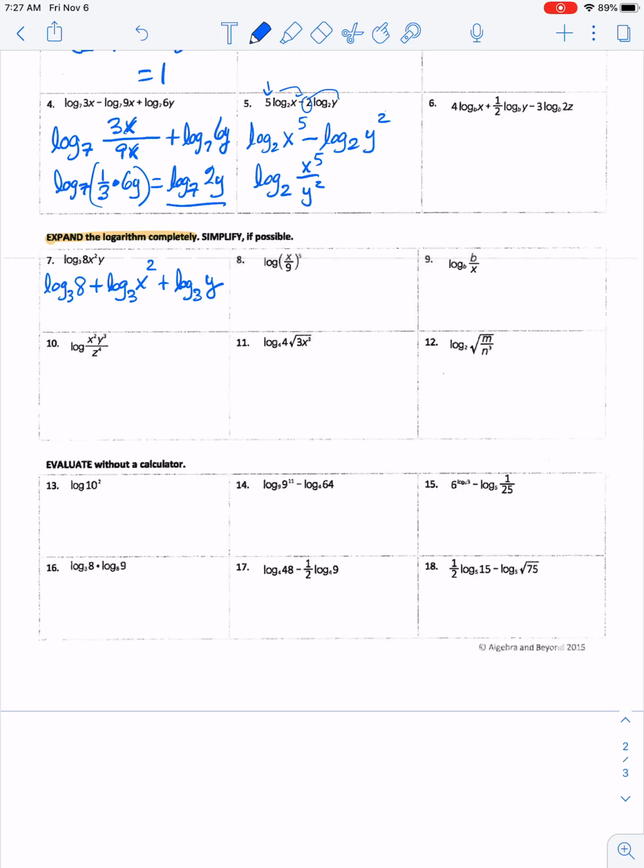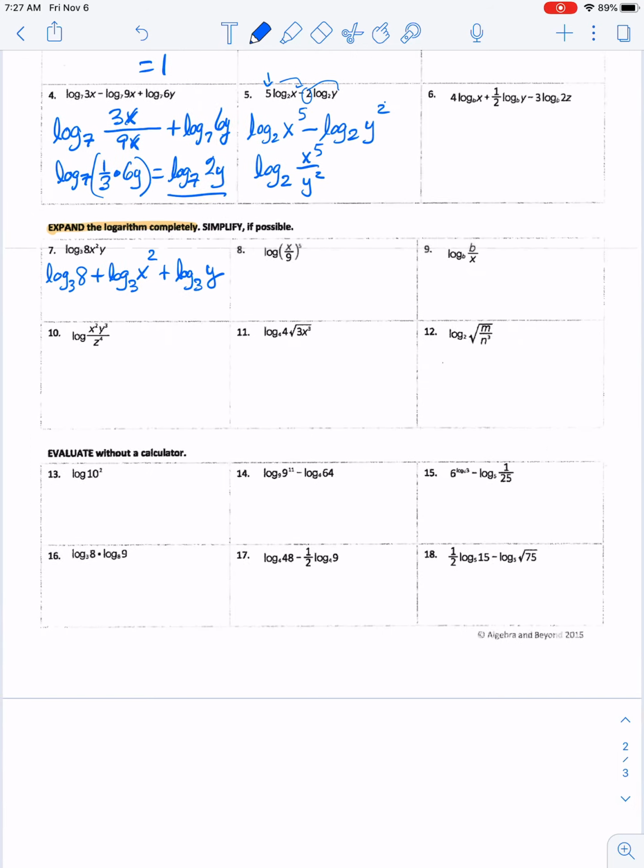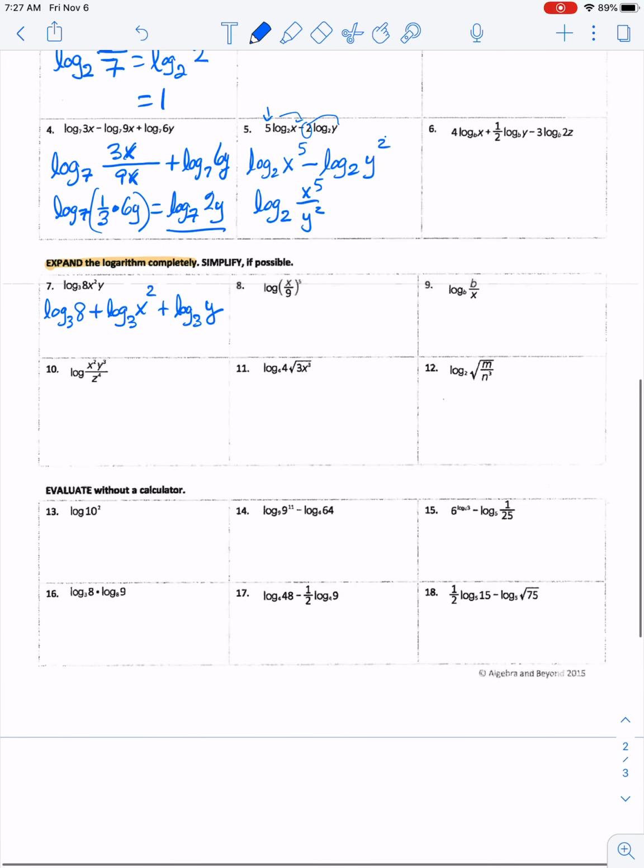Now, I could have done something else in the process. I have an exponent up here, so I could bring it out front. So I could say log base 3 of 8 plus 2 log base 3 of x plus log base 3 of y.